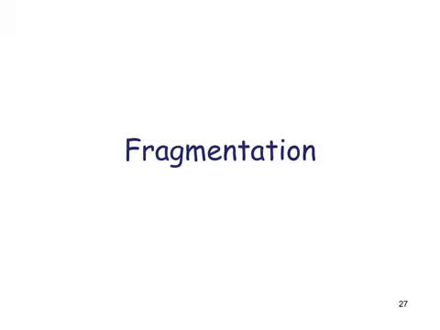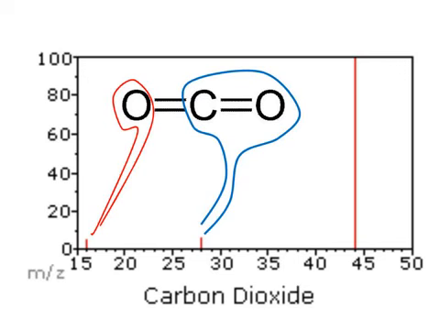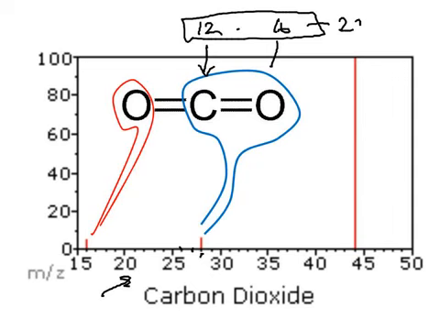Looking at fragmentation now, we've already been glimpsing at that. Carbon dioxide. I'm suggesting here what has caused these sticks in the stick diagram. There's one here at 25, 26, 27, 28. And that can be accounted for. Carbon is 12 and an oxygen is 16. You can see they add up to give 28.